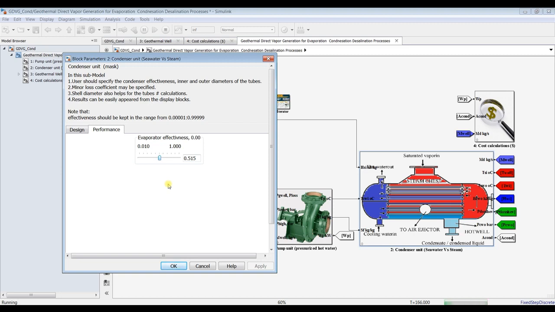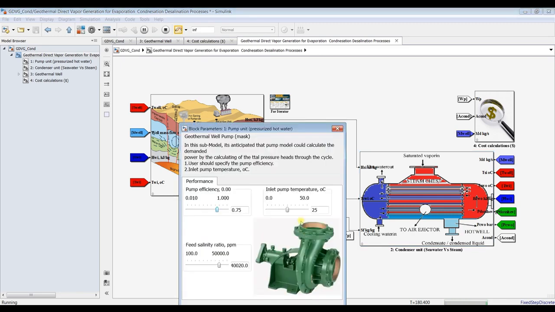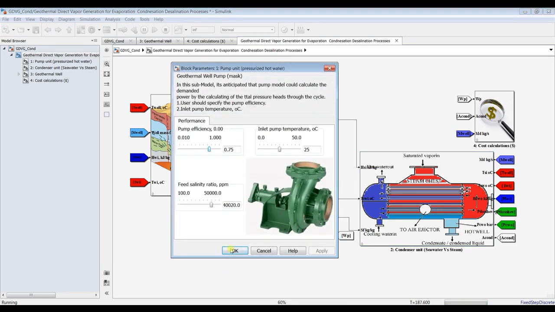Let's go for decreasing salinity also. I'm just demonstrating in order to show you the effect of changing. I can change one parameter and get my results, or change two parameters at the same time.